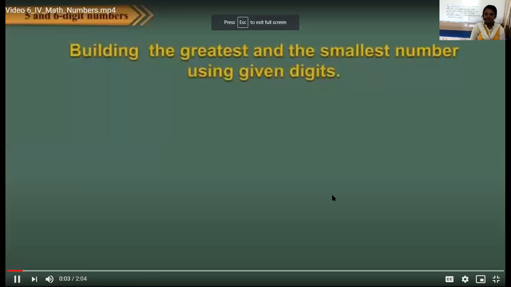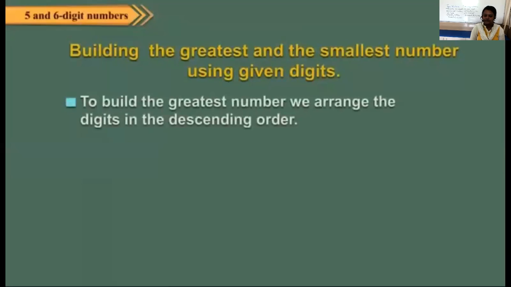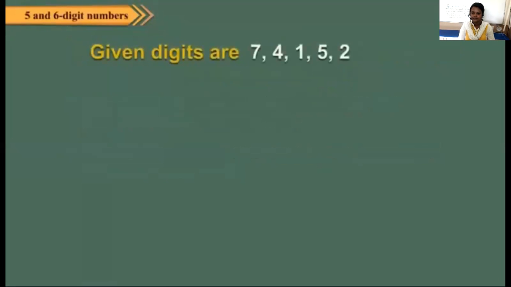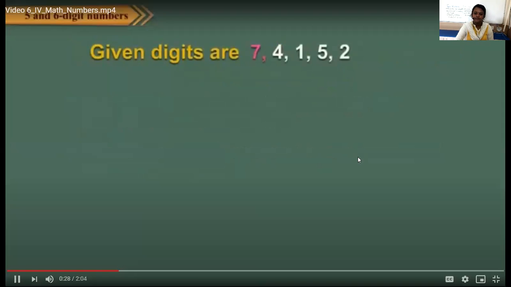Now let us discuss how to build the greatest and the smallest number using some given digits. To build the greatest number, we arrange the digits in the descending order. To build the smallest number, we arrange the digits in the ascending order. Let us form the greatest and the smallest 5-digit number using the digits 7, 4, 1, 5 and 2.